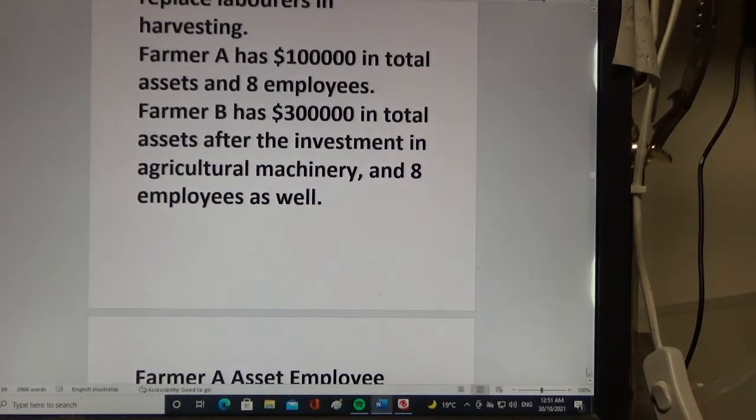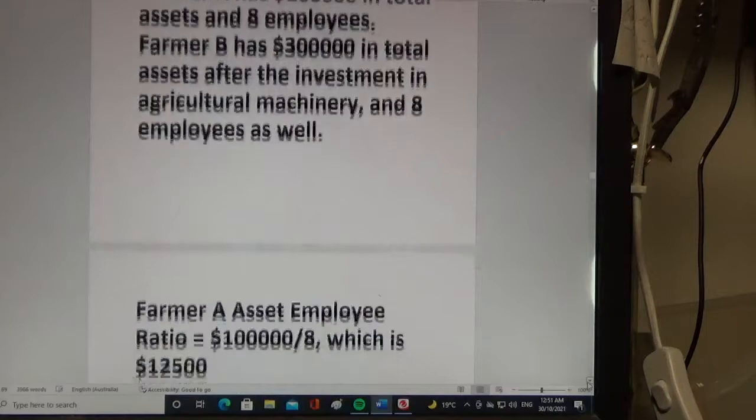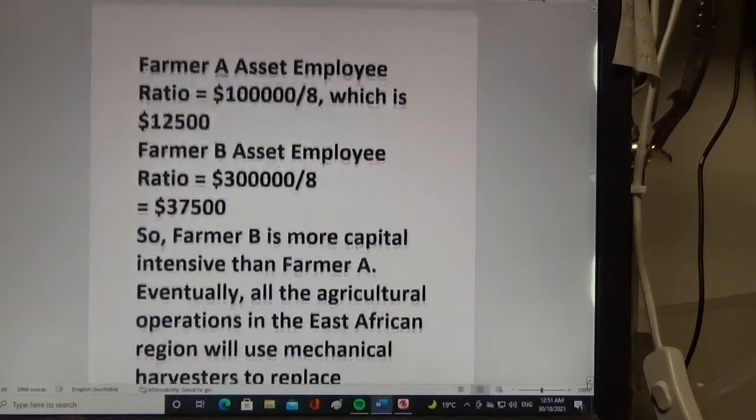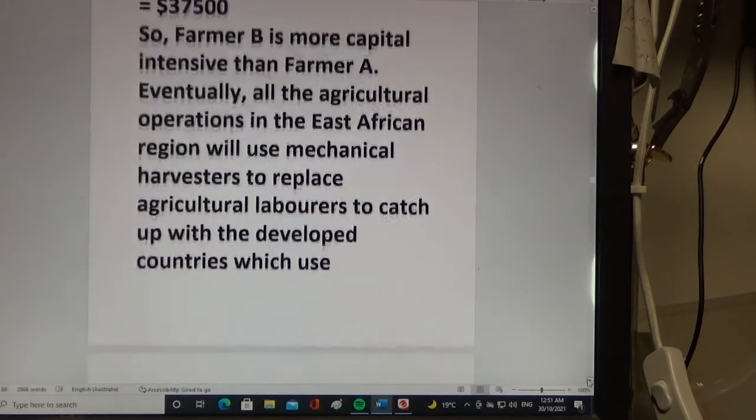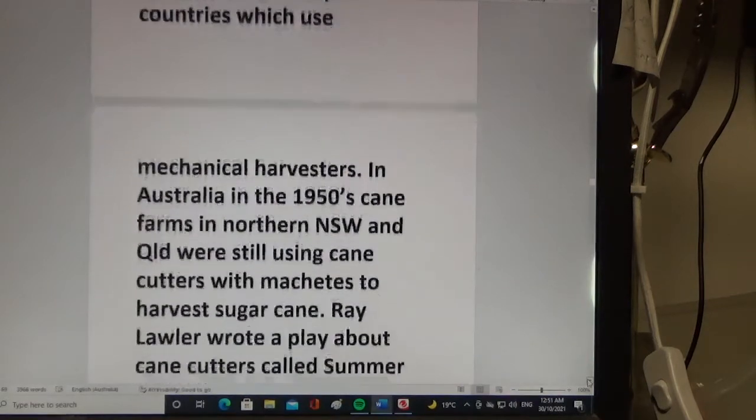Yeah, Farmer B is more capital intensive, that's correct. So that guy has got more assets, he's more capital intensive. Eventually all the agricultural operations in the East African region will use mechanical harvesters to replace agricultural labourers to catch up with the developed countries, which use mechanical harvesters.